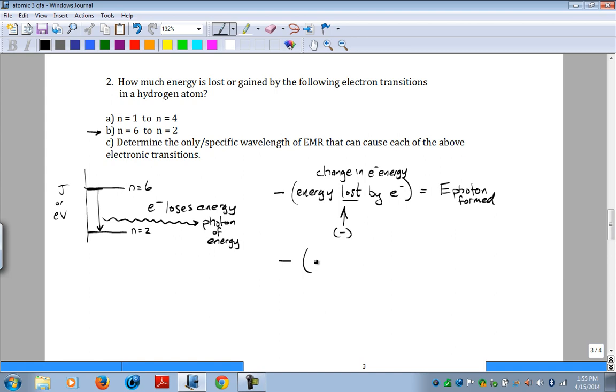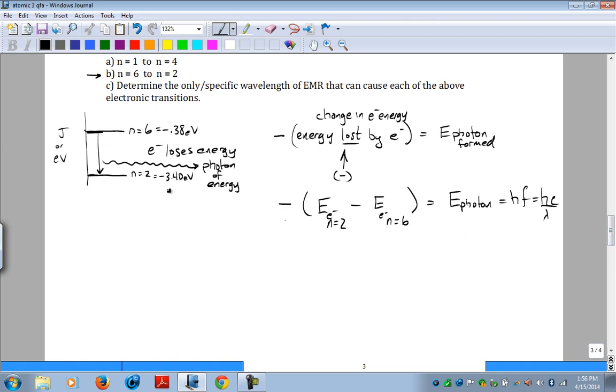So that's the energy of the electron when it was in the second level, that's the final state, minus the energy of the electron in the initial level, and that's going to equal the energy of the photon, which is going to equal hf, which is going to equal hc over lambda, if you want to do those other calculations while you're at it.